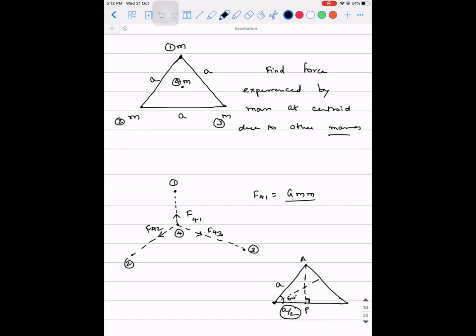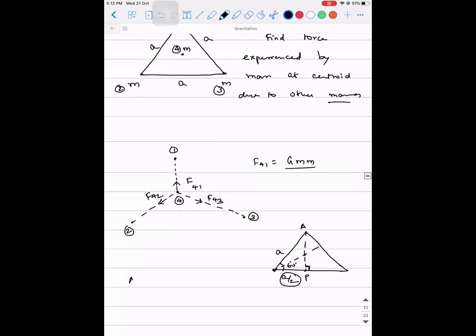So what is AP, guys? AP divided by A by 2 is how much? It is tan 60. So AP is equal to root 3 A by 2. So AC is nothing but AP minus PC.